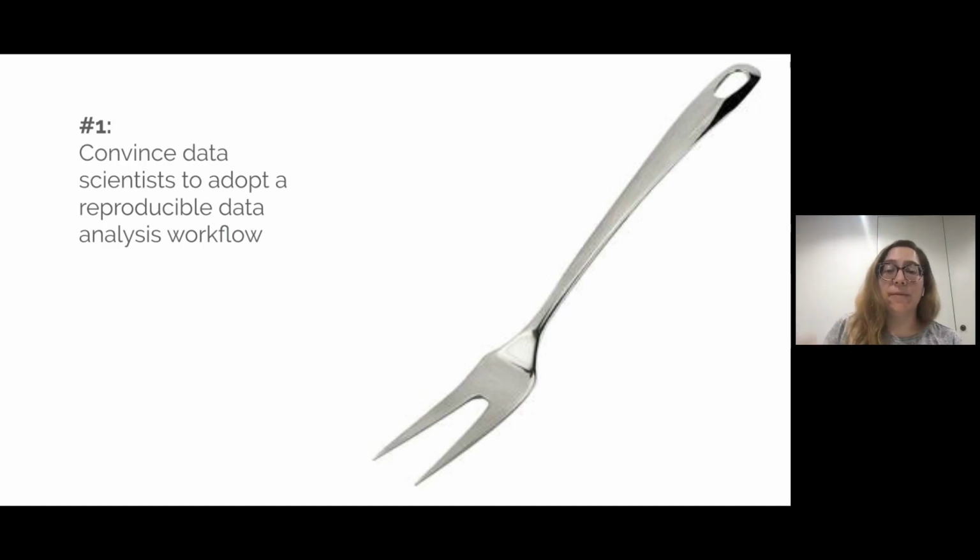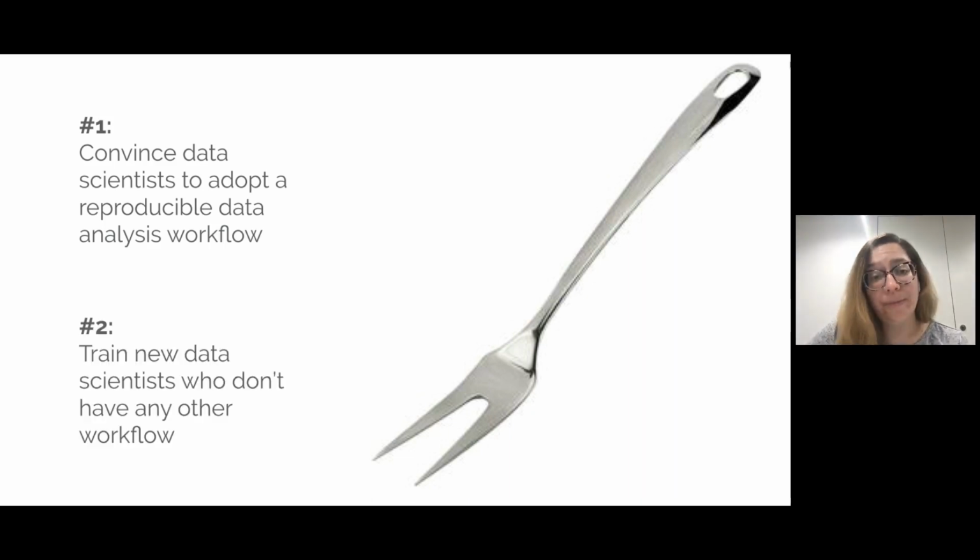So I want to talk about this kind of two-pronged approach for training people. One is to convince existing data scientists to adopt a reproducible data analysis workflow, and this is a hard one. If they don't already do that, to ask people to change their ways is always hard. Number two is another thing that I work on as part of my faculty position. That is not an easy job, but at times easier, is to train new data scientists who don't have any other workflow.